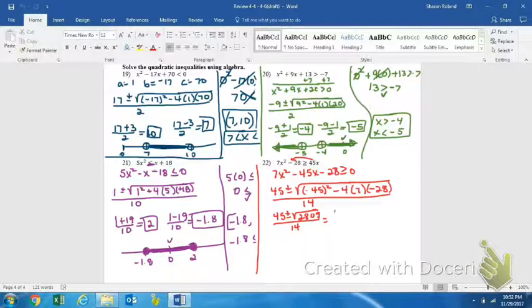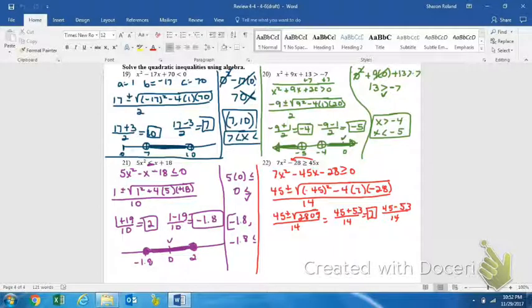So you're going to have 45 plus 53 divided by 14, and you're going to have 45 minus 53 divided by 14. The first one, if you add them up and divide by 14, do it in the calculator. Your first boundary is 7.